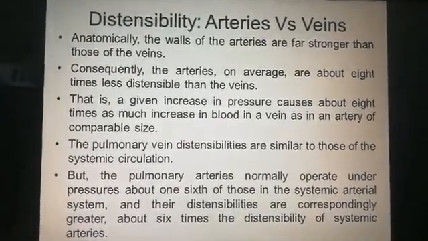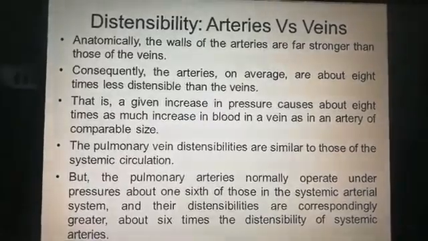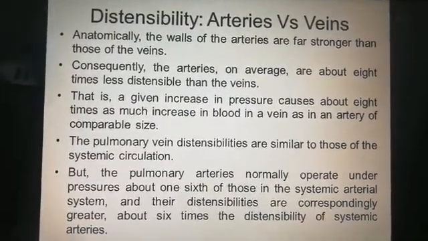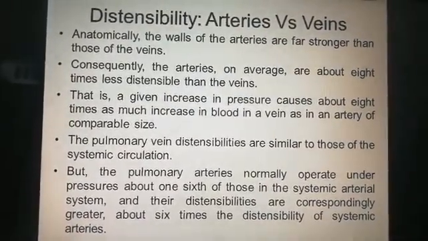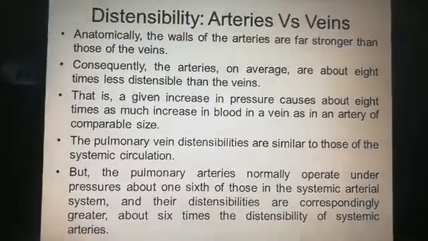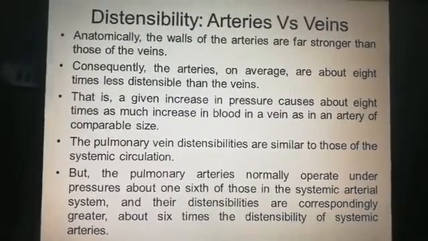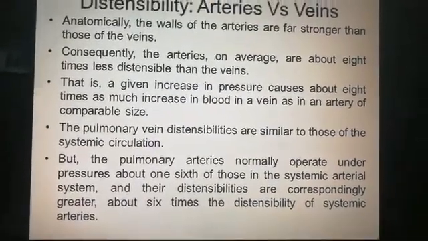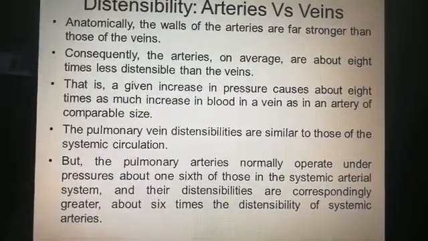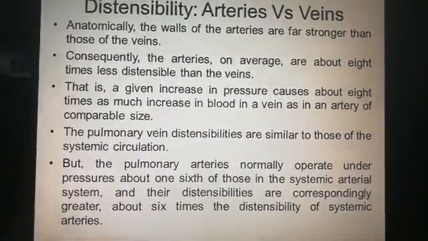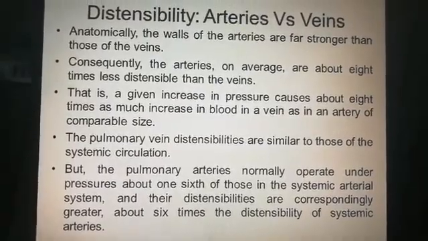The pulmonary veins' distensibility is similar to those of the systemic circulation, but the pulmonary arteries normally operate under pressure about 1/6 of those in the systemic arterial system, and their distensibilities are correspondingly greater, about 6 times the distensibility of systemic arteries.